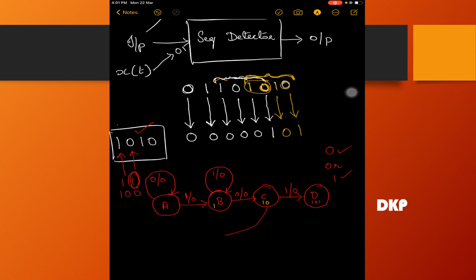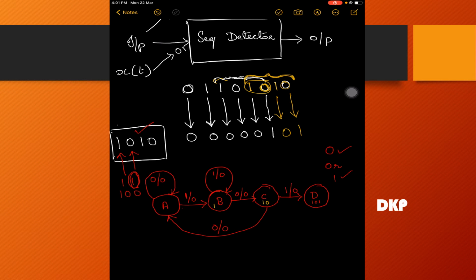Therefore, it has to reset so that it will go back to the beginning state itself, that is to A state itself. When you give a 0, the output is again 0 because the sequence is not detected.